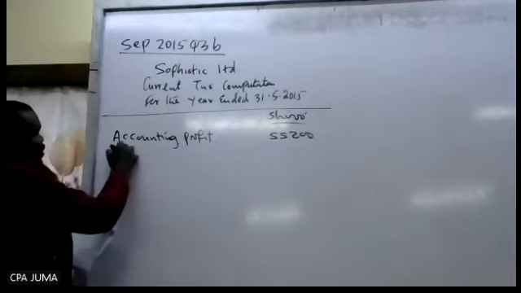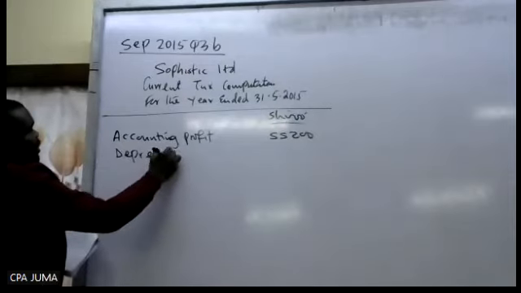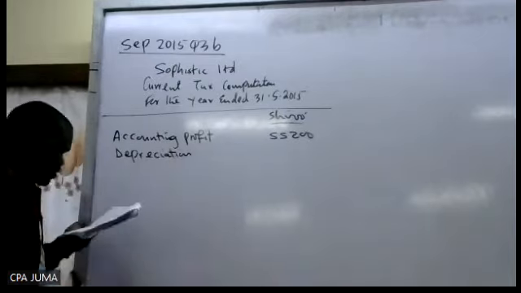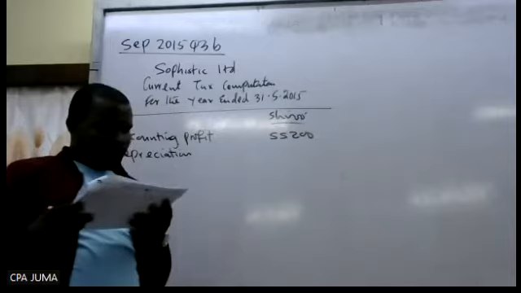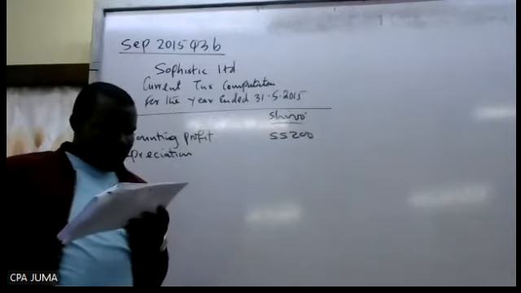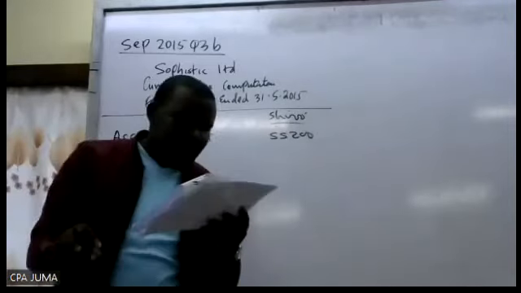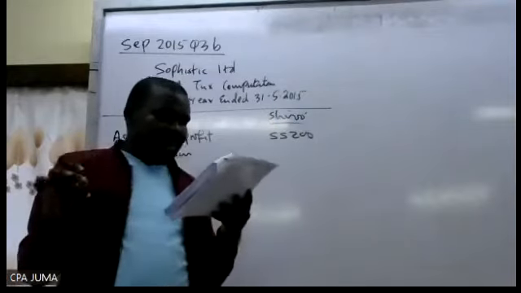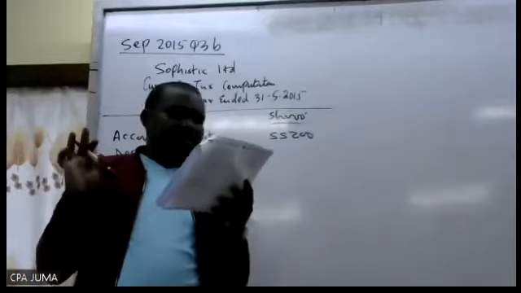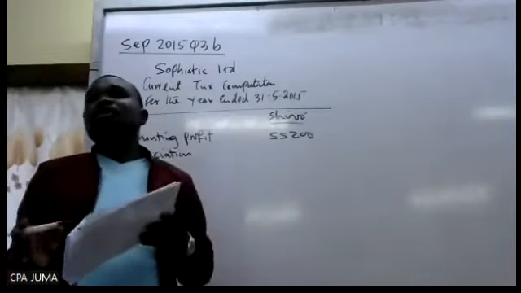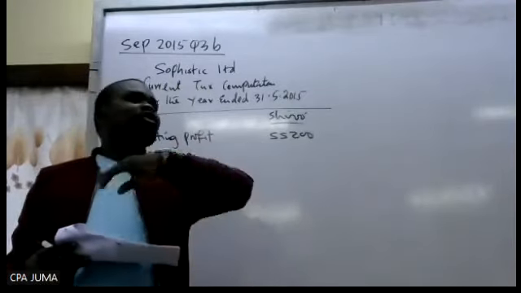Depreciation. So depreciation, we have to check for 2015. Go to note number 3. Plant is depreciated at 20% per annum using the straight line method. Straight line means you charge on cost throughout the useful life.